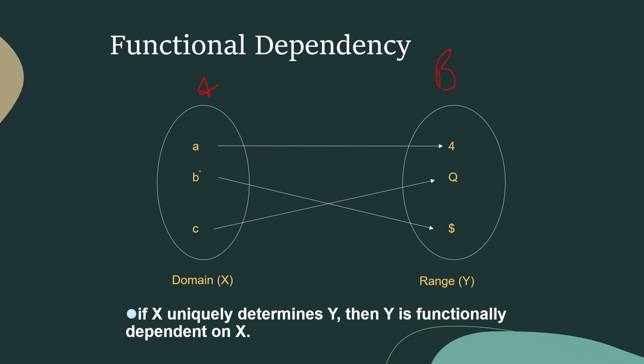If this is the second attribute value, there is a corresponding unique attribute value for B. That is the meaning of functional dependency. If X, which can be any value here, can uniquely determine the value of Y in the other attribute, then we say that X implies Y. So this example is functionally dependent, because for each value in this set, there is a unique value in the other set.